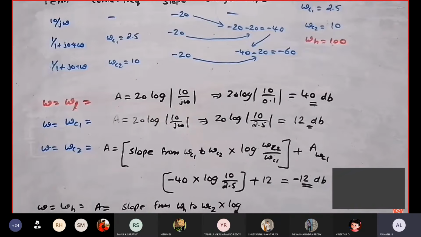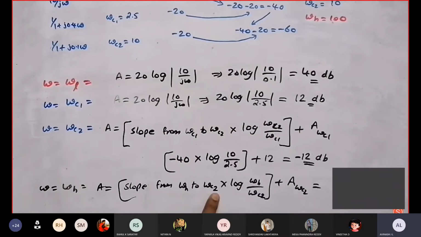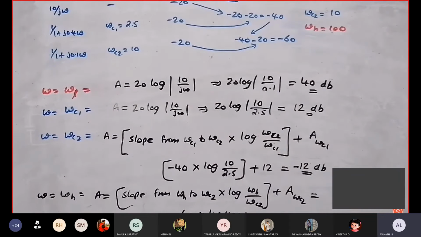The slope should be multiplied by log of omega higher divided by the previous value, and that should be added with the magnitude of the previous value, which is at omega C2. So what will we get? The slope from omega higher to omega C2 is minus 60. Minus 60 is multiplied by log of omega higher, 100, divided by omega C2, which is 10.